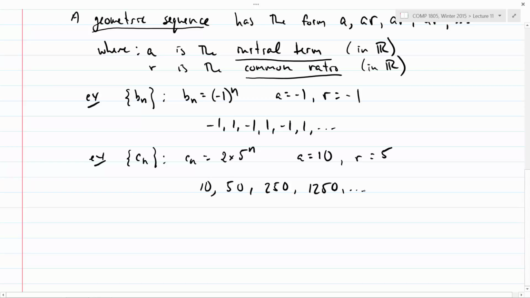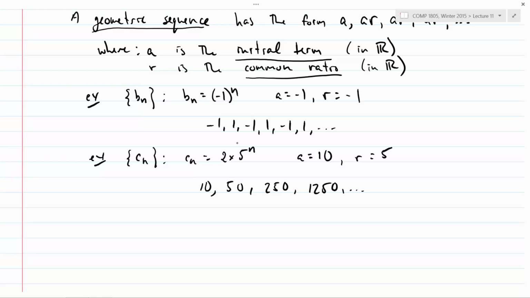Yeah, r is just what you need to do to get to the next term. So if the general term looks like 2 times 5 to the n, the next term will be 2 times 5 to the n plus 1. And that's the same as multiplying the last one by 5, because 5 to the n plus 1 is just 5 times 5 to the n. Other questions?